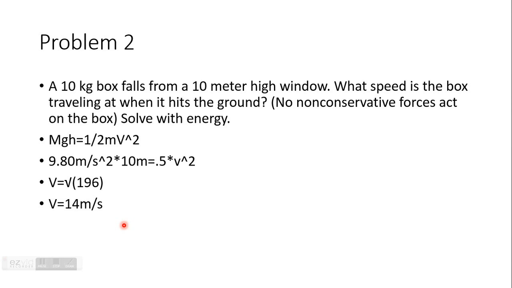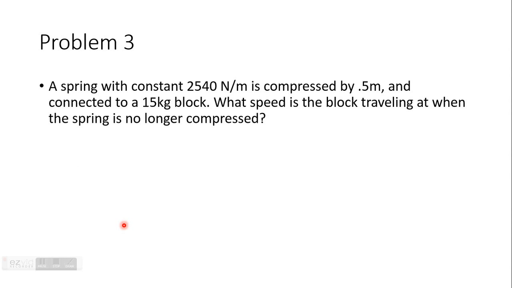So problem 3. A spring with constant 2,540 newtons per meter is compressed by 0.5 meters and then connected to a 15 kilogram block. What speed is the block traveling at when the spring is no longer compressed? So this would be when there's no spring potential energy and it's all kinetic energy.